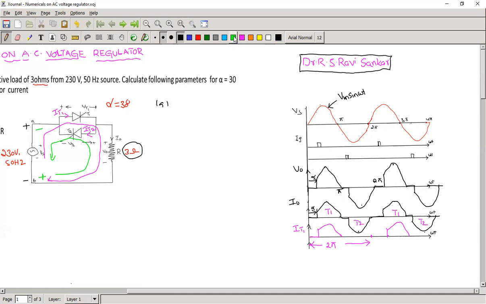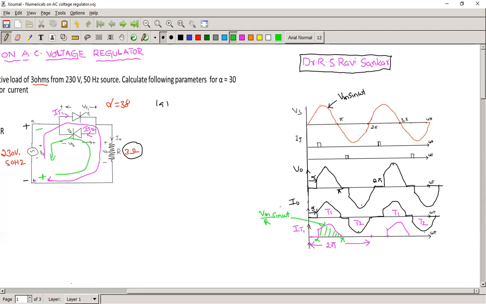To find the average value of thyristor current, I have to find this area from alpha to pi. We can write this wave shape as Vm by R into sine omega t.